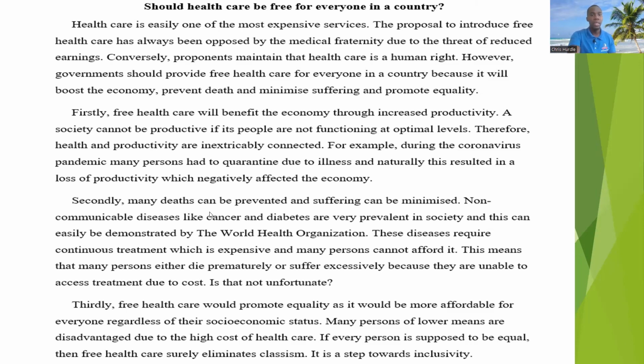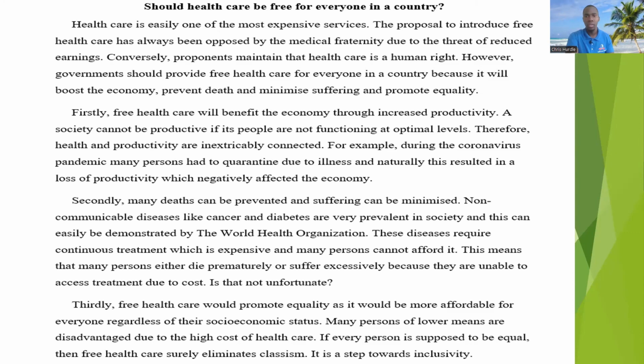Secondly, many deaths can be prevented and suffering can be minimized. Right, so that's my topic sentence for point 2. Non-communicable diseases like cancer and diabetes are on the rise, are very prevalent in society, and this can be easily demonstrated by the World Health Organization. So I use some authority, right?